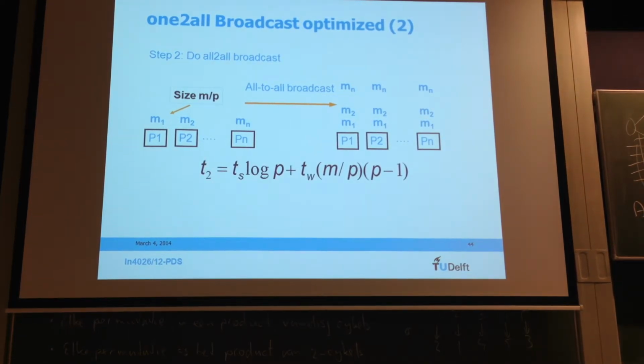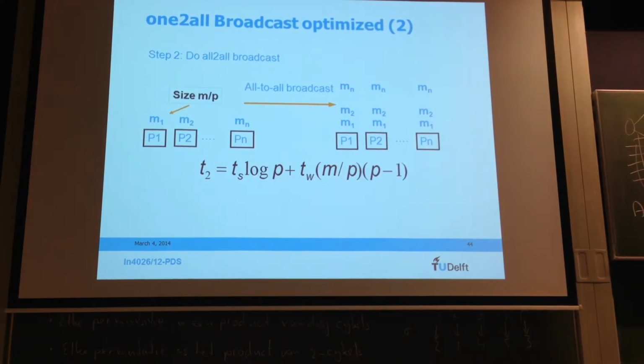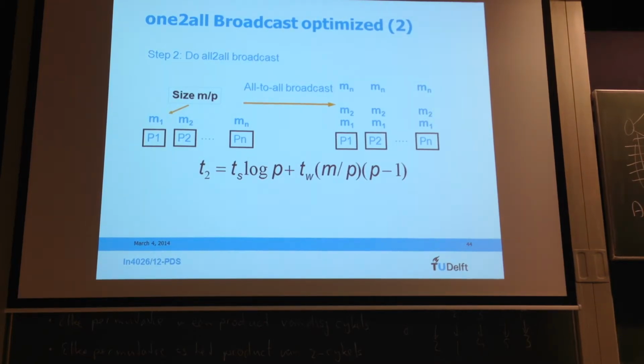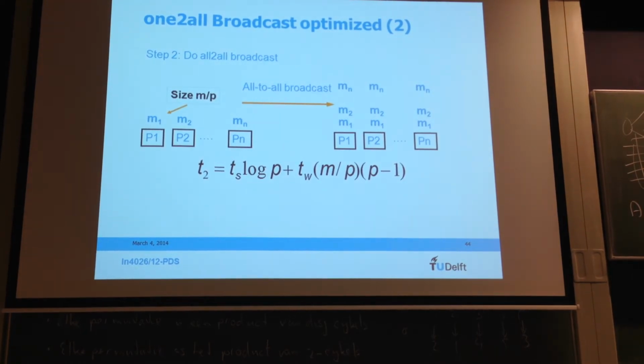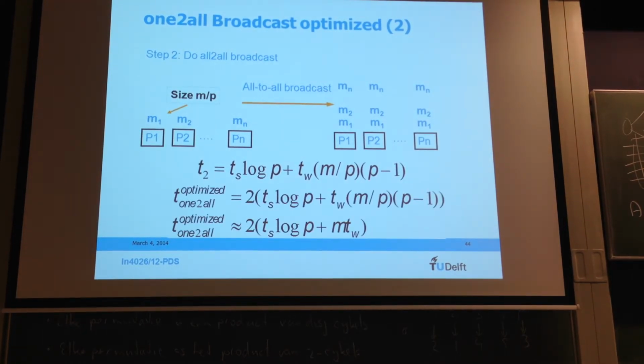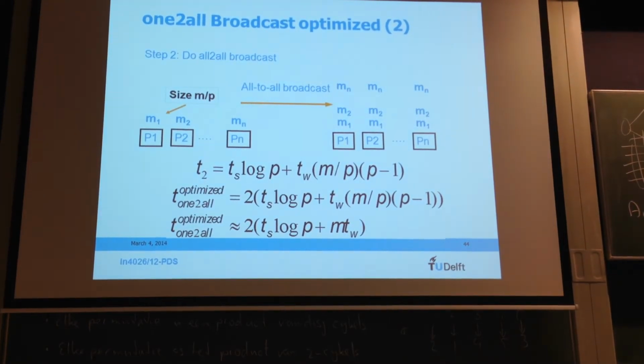Now also here we can, just by filling in the original expression, get the communication time, which is equal to this expression. Then we add them up, and you've already seen that these terms kind of fall away against each other.